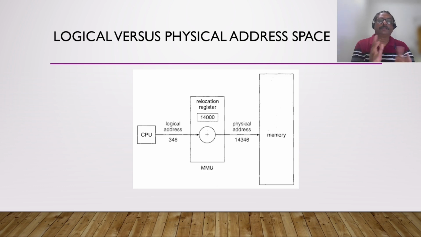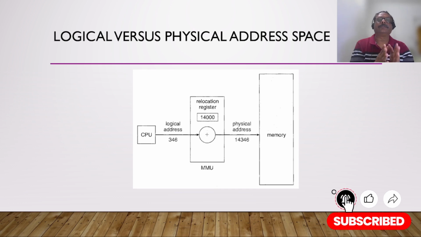So the CPU works only with the logical address. You don't have to worry much about where exactly it is located in the main memory. It can be anywhere, but what we know is how far from the base the address is which we are working on. So in this case it is 346 bytes away from the base.